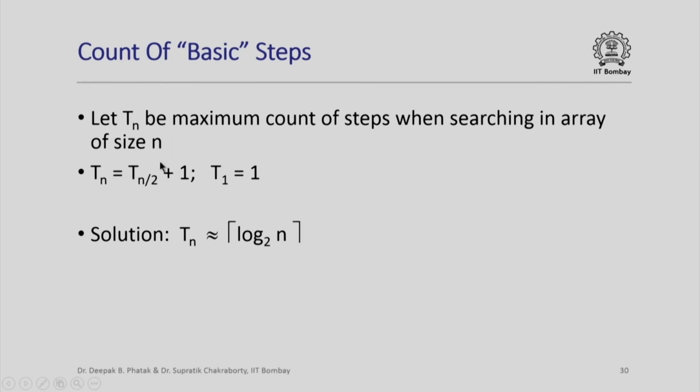So this is coming from the recursion, and this is the one comparison that I use to decide which half of the array I should now resume my search in. And of course when the array has just one element, the count of basic steps is 1, and using standard techniques if you solve this recurrence relation you get T(n) as roughly the ceiling of log n base 2. So note the difference with linear search where T(n) was n, now T(n) is log n base 2. So this has exponentially fewer basic steps. Binary search uses exponentially fewer basic steps than linear search.